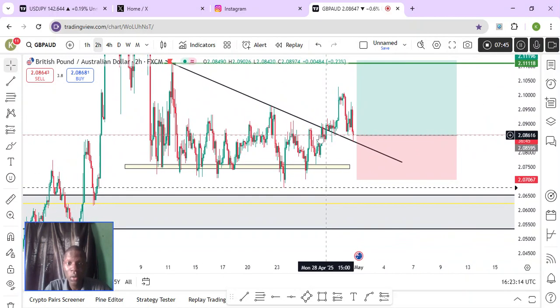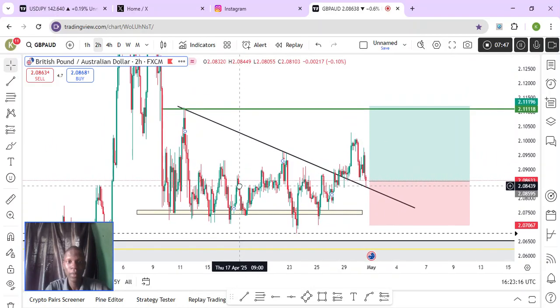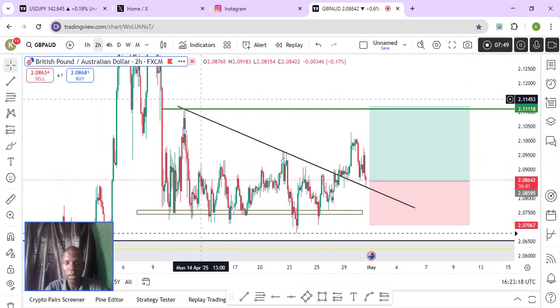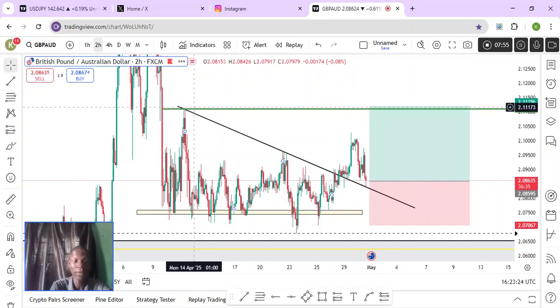I spotted something nicely during this choppy period, and as you guys can see, this is a demand level. 2.11117 is a demand level. So I'm expecting the market to come all the way there, and the market has stopped going to the downside, which means this is a potential reversal of the immediate trend.